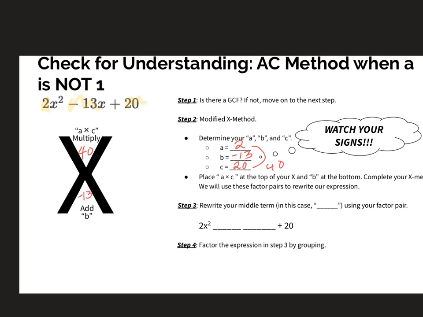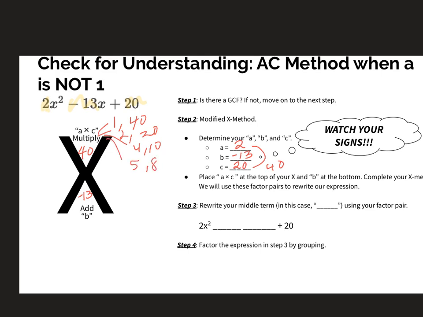Now I want to actually do my x method. When I think about a factor pair of 40, I want to think about 1 and 40, 2 and 20, 4 and 10, 5 and 8.